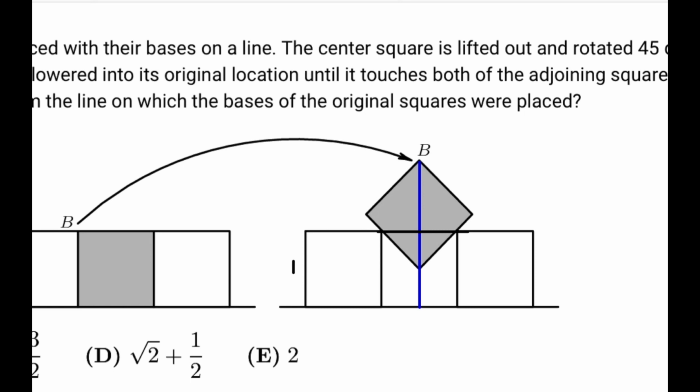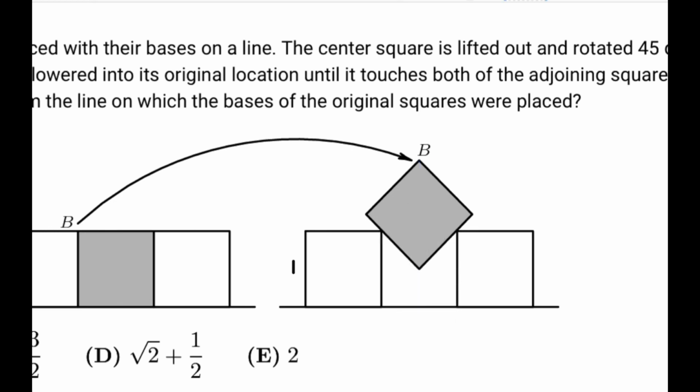So that means that this would be 1 inch, right? And so this would be 1 over root 2 inches, right? Because this times root 2 is 1, so this is 1 over root 2. And so this is half of this whole thing, so this is 1/2. If this is 1/2, then this is also 1/2, right?